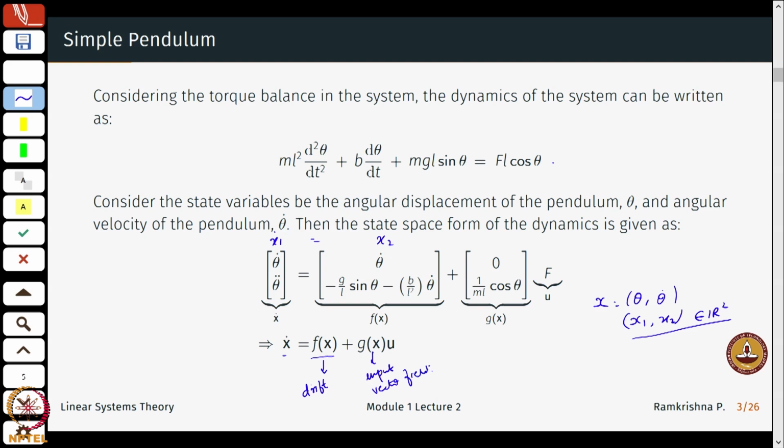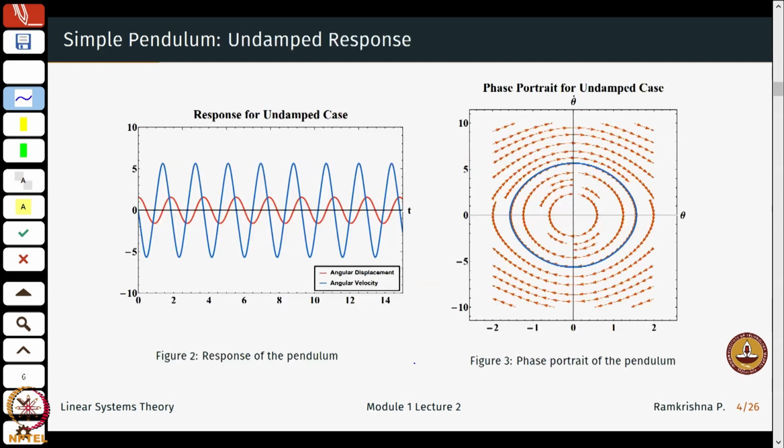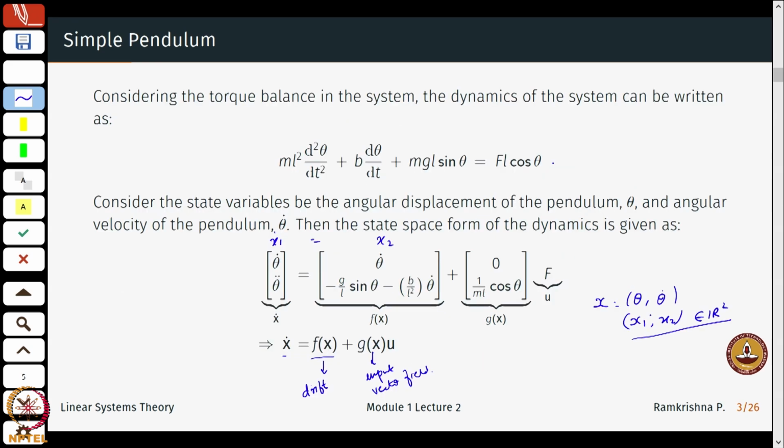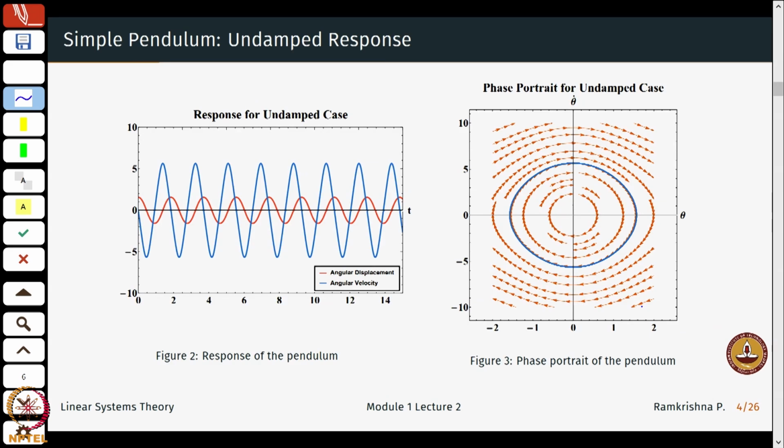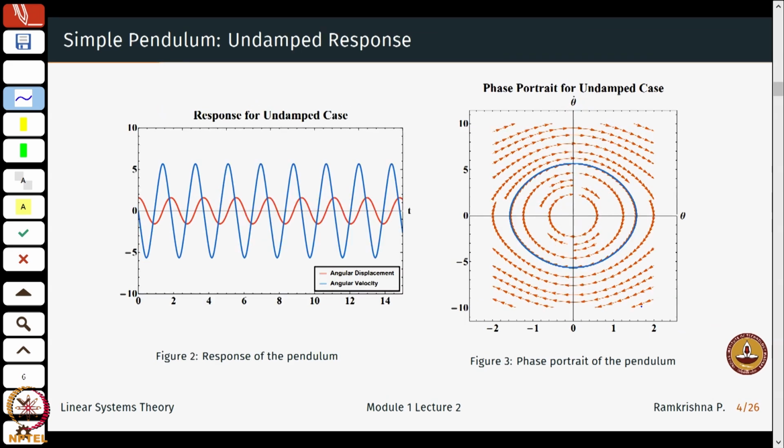Okay. So what do we know about this system, right? So if I were to draw the phase plane, phase plane essentially is that I am just checking how these two, x1 and x2, evolve with each other. So how do I have a plot between theta and theta dot for any initial condition, right? So this will give me the trajectory starting from initial condition here or here or here and so on.